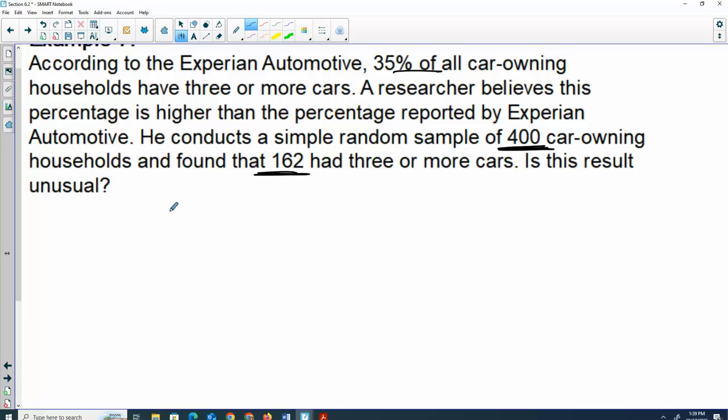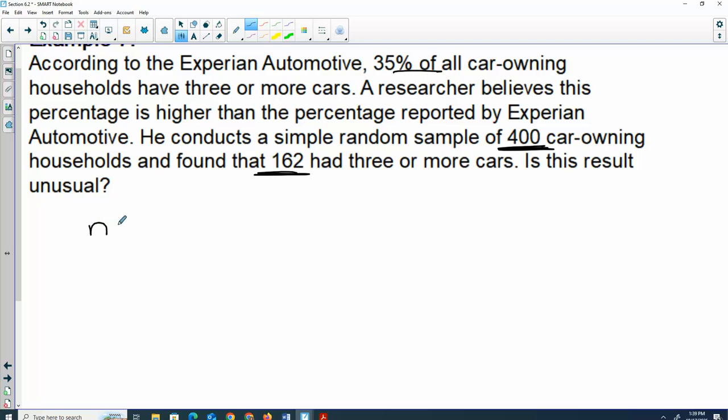Okay, so we could actually calculate our probability and see if it's unusual or not. The other thing, if I asked you to use the empirical rule, because my sample is so big, your calculator is going to have a hard time calculating this. But we could use the bell curve as long as our sample meets the requirements.